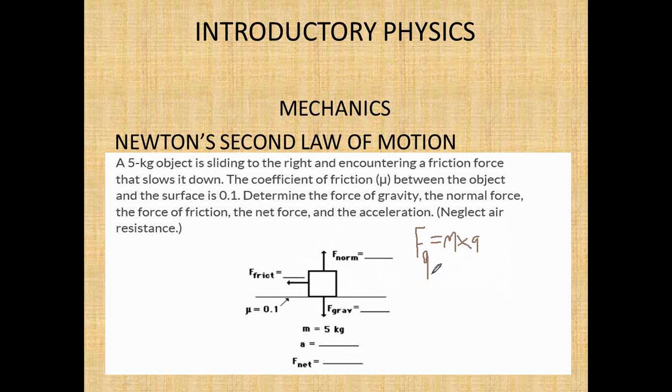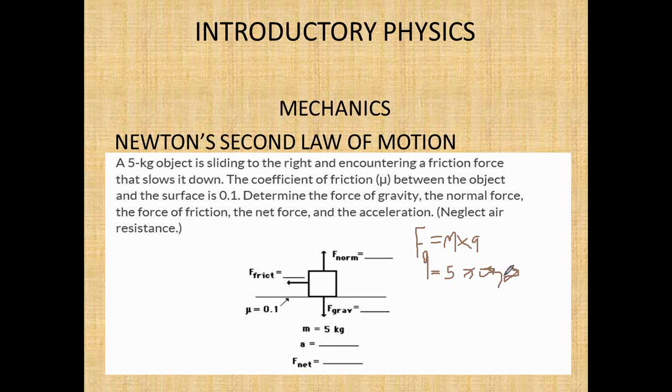So our force of gravity is equal to the mass of 5 kilograms times the acceleration due to gravity, g, which is 9.8 meters per second squared, but for simplicity, we'll call it 10.